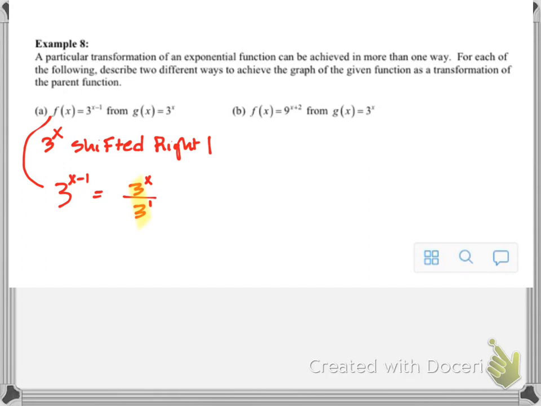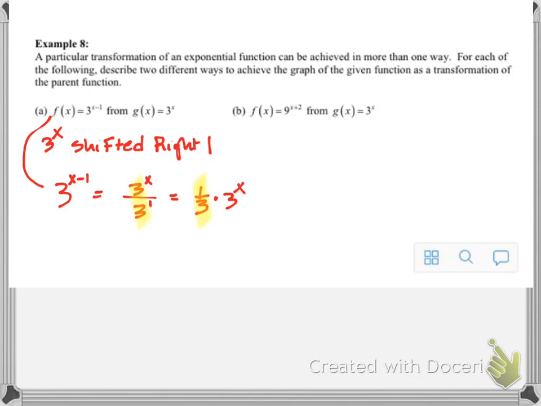Now, I'm going to keep rolling. I'm going to redo this one more time. That 3 to the 1 on the bottom, I'm going to bring it out as a 1/3 out front. Still have times 3 to the x. Now this gives you a different look at the exponential. That 1/3 in front of 3 to the x is like our initial value. Remember, with exponential functions, something you multiply by the base to the x.